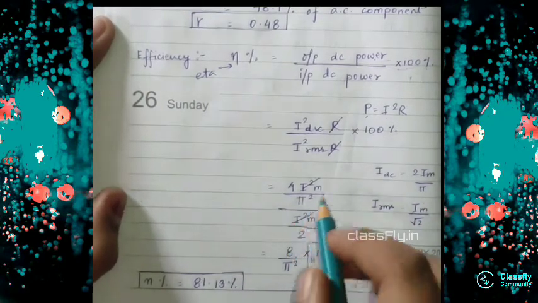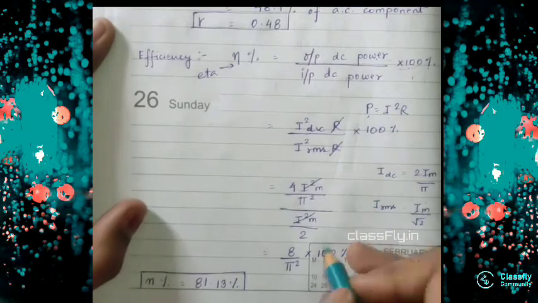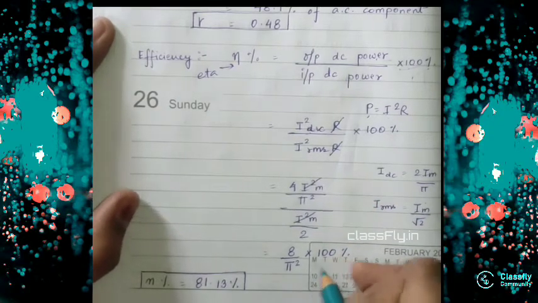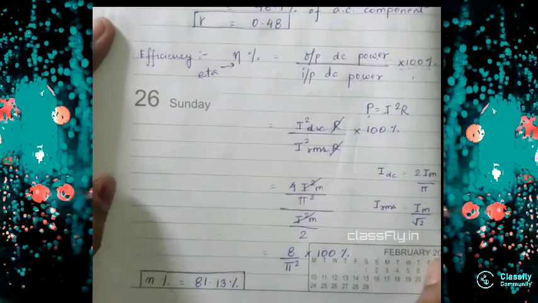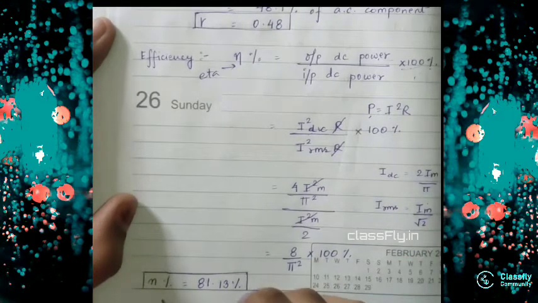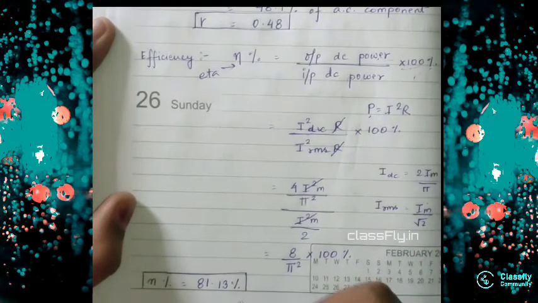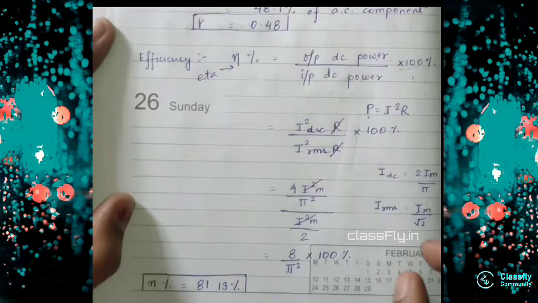We cut I squared m, and then we get 8 by pi squared into 100%. Whenever we solve this, we get the efficiency as 81.13%.